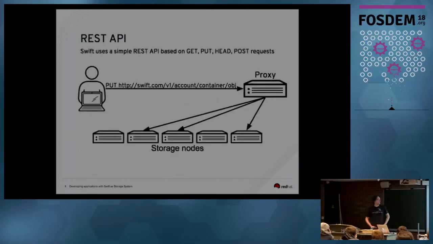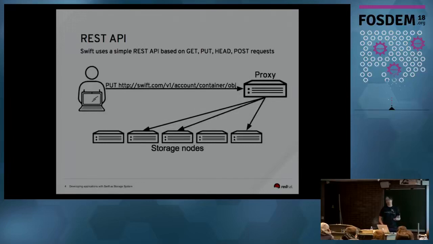When you're accessing a Swift cluster, you're using a simple REST API. These are basically HTTP requests based on GET, PUT, HEAD, DELETE, and POST requests. As the end user or application developer, you're always talking to the Swift proxy.